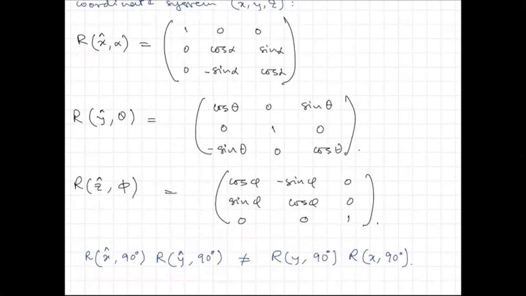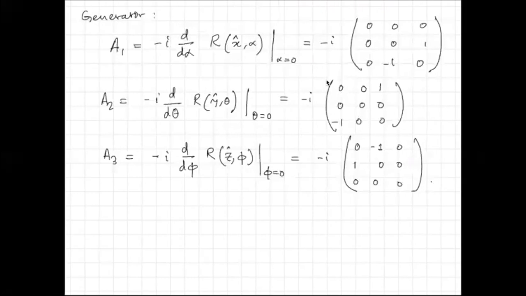So that's a bit about rotations in these particular directions. Now, what do we want to do? We want to actually find the generators of these. So, like we did in the two-dimensional case, we can find these generators now.